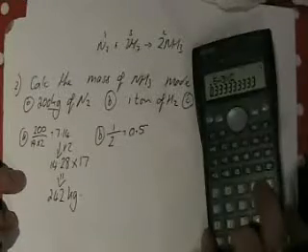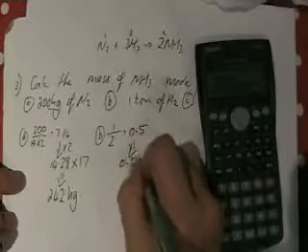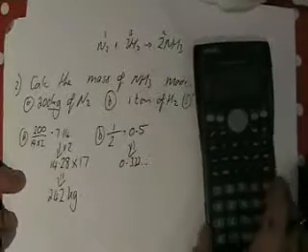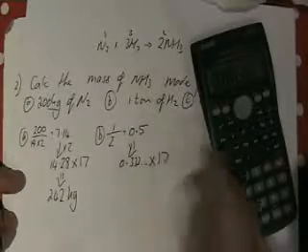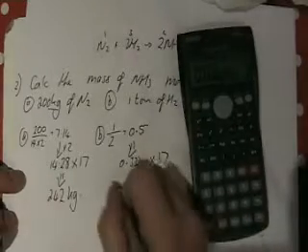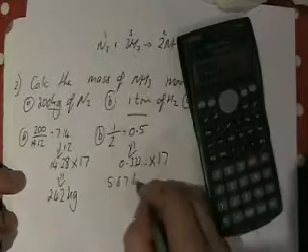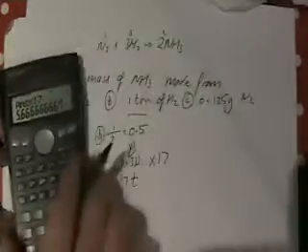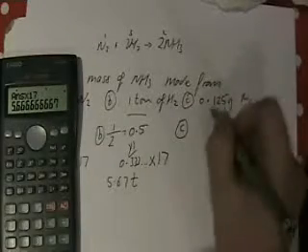That gives us a number of moles of 0.333 recurring. So we multiply that by 17 to get the mass, 5.67. Remember, we're in tons.